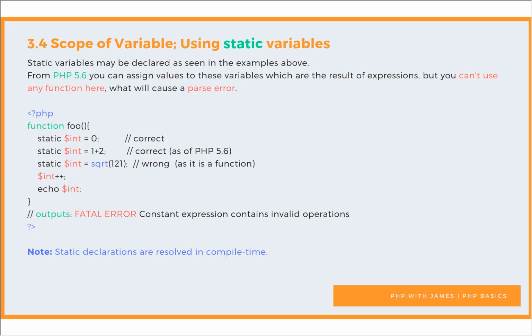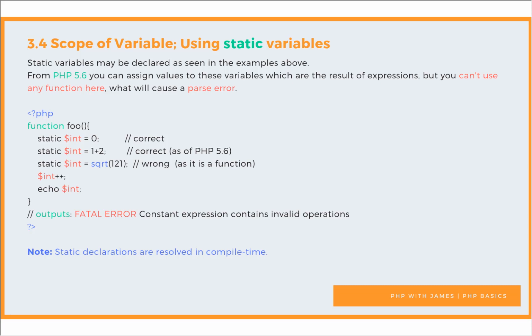Function foo, we have static $int = 0. It's a correct statement. On the second line, we have static $int = 1 + 2, correct as of PHP 5.6 as well.